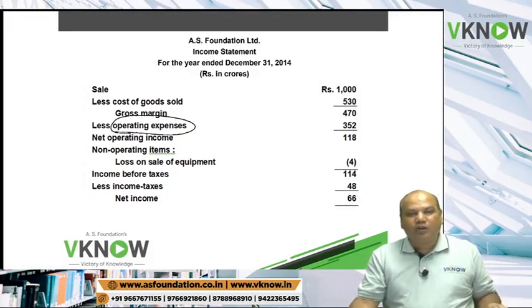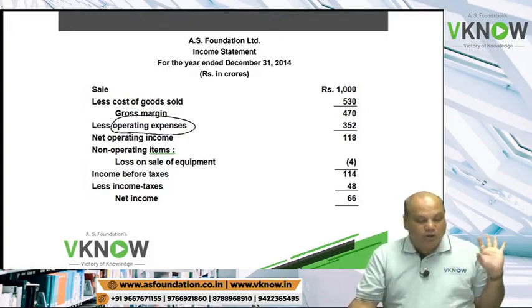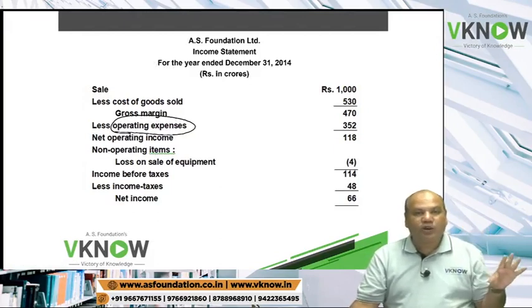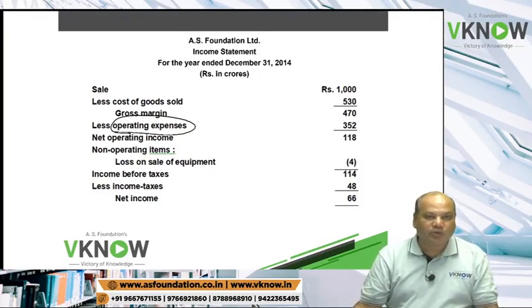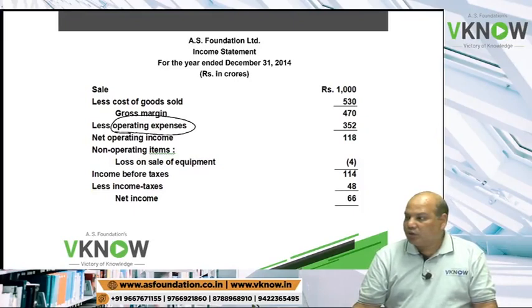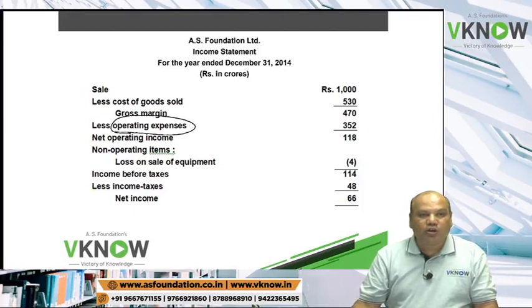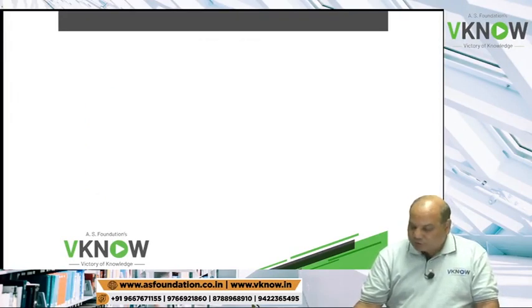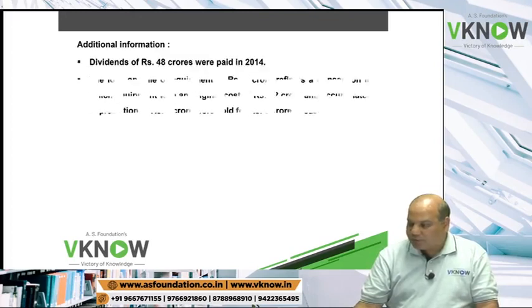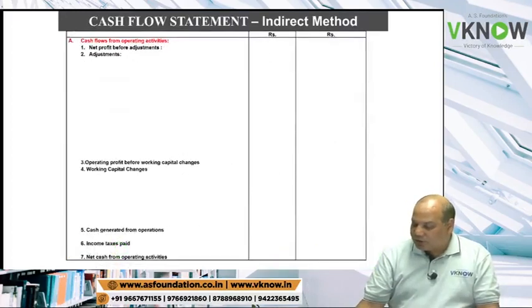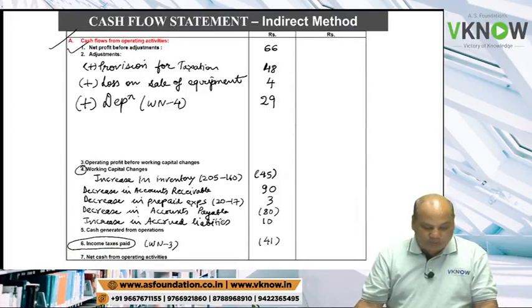Otherwise, there is no other place where depreciation would have been charged. So we will write an assumption that depreciation has been included in operating expenses. Depreciation is there, but hidden under the head operating expenses.